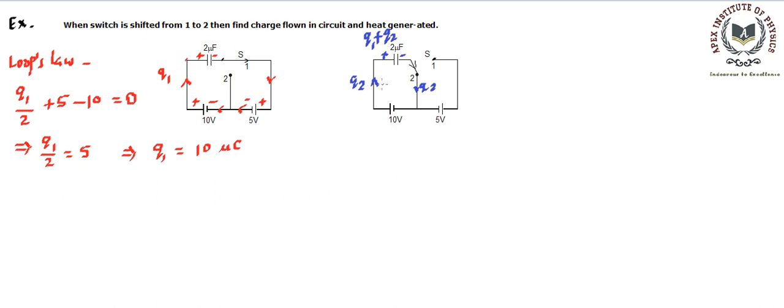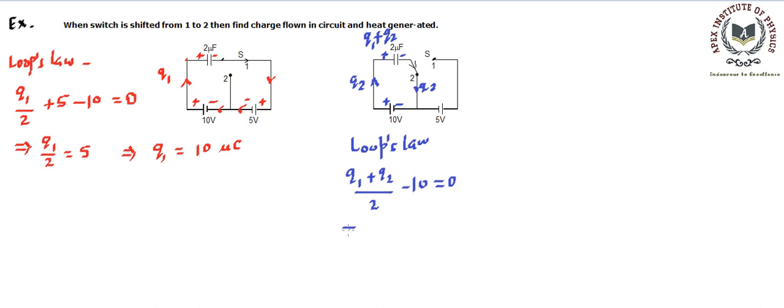Now let's apply the loop law for this particular case as well. Applying the loop law, we can find out what Q2 is going to be. If we start from this point and follow the charge, it's going to be Q1 plus Q2, that is the charge on the capacitor divided by the capacitance, which is 2 microfarad, minus 10, because moving in this clockwise sense there is going to be a gain, and this equals 0, since the total has to be 0.